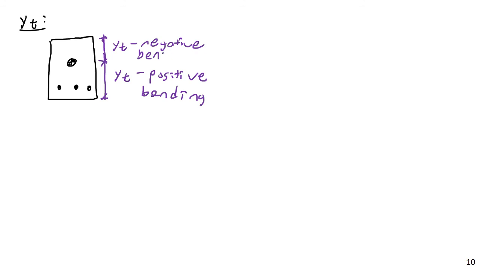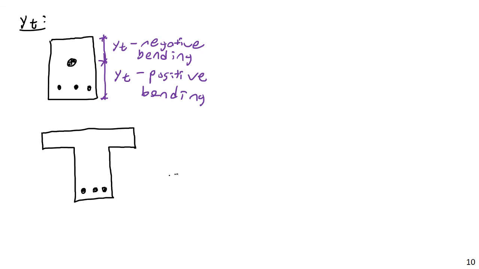Now for a rectangular cross section, it's going to be the same for positive or negative, because this is based on the gross cross section. But then if you have something like a T-shaped beam, this is where things get interesting. I haven't talked a lot about T-shaped beams, but they're not too difficult to work with. I would like to put together a video on those if I have time this semester. It's still going to be the centroid of the gross cross section. If you have positive bending here, the centroid is not going to be at the middle. It's going to be more like right here.